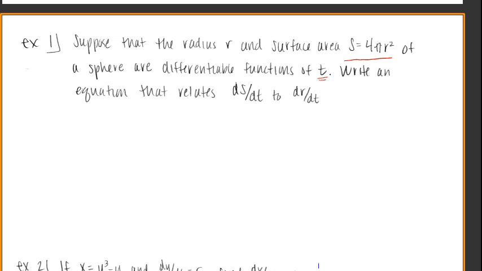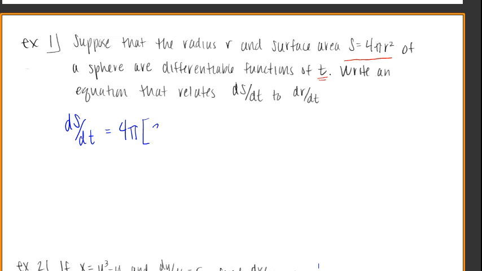Over here on the left, we take ds dt, the derivative of the surface area with respect to time, and it is going to equal, remember, anytime you're taking a derivative, if it's got coefficients or any kind of constants, we pull them off. So I'm going to pull that off, and then let's take the derivative of r squared with respect to time.